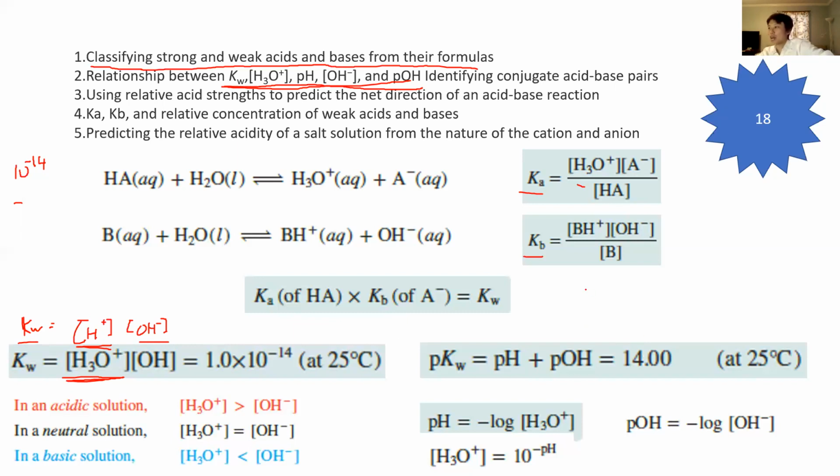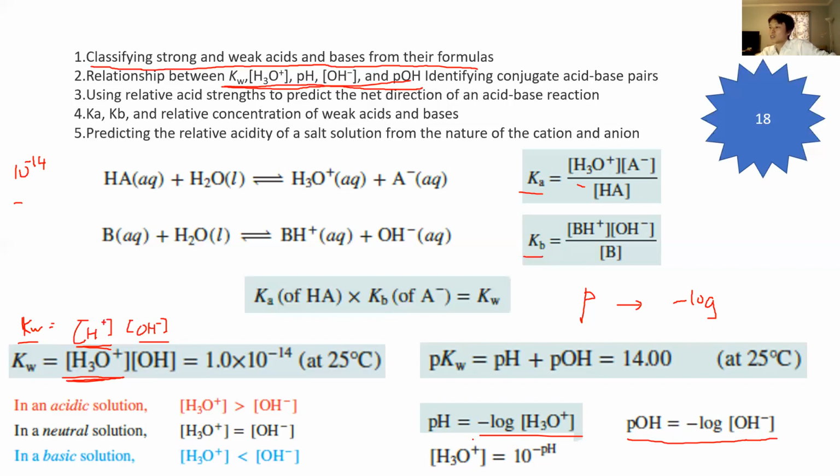And in terms of pH or pOH, right? So every time you add a p, lowercase p, in front of a term, the p means that you want to take the negative log of that term. Right? That's a negative log of that term. So pH is the negative log of proton concentration, and the pOH is the negative log of hydroxide concentration.